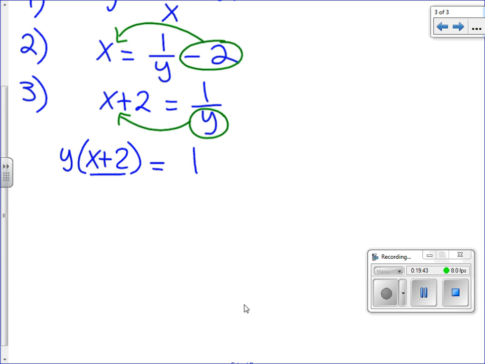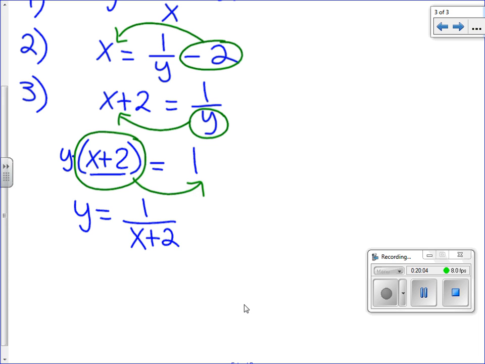Now, what are the y and the expression inside the parentheses doing to each other? Multiplying, right? So now what I need to do is take everything here across, and that will take care of the problem. 1 over x plus 2.